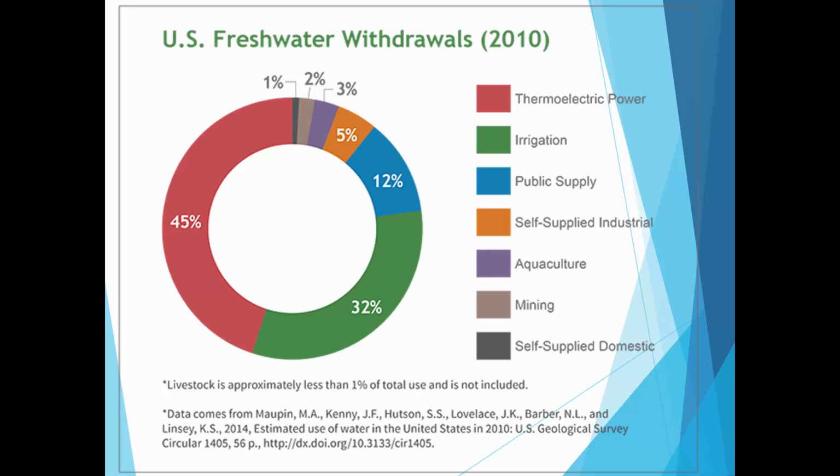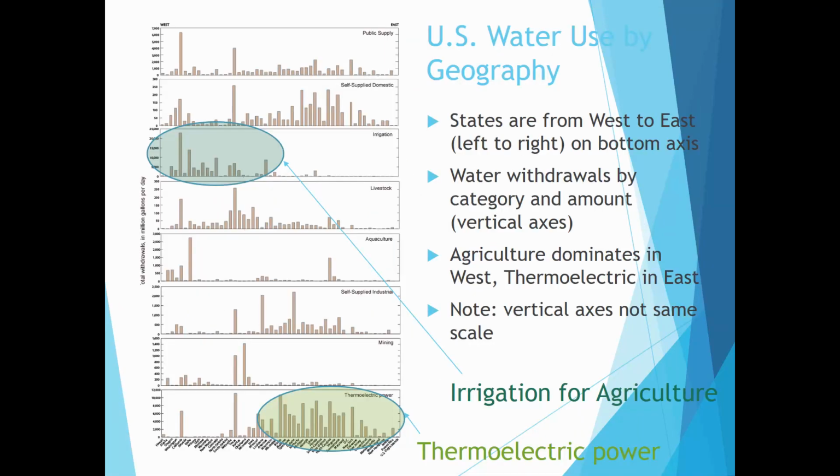So almost half of the water we withdraw from freshwater sources in the United States is used in these electric power plants. And then about a third of our water is used in irrigation. And then the final 12%, the other major source, is public municipal water supplies.